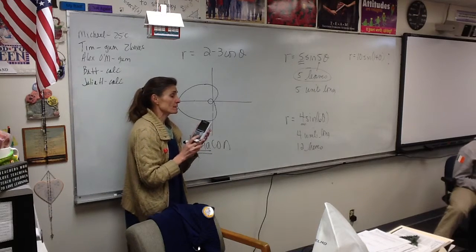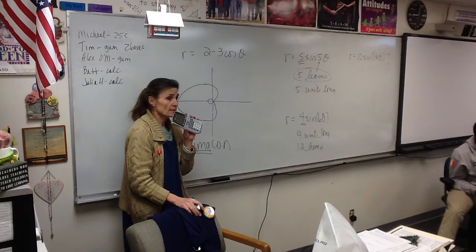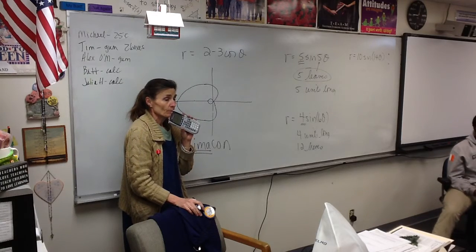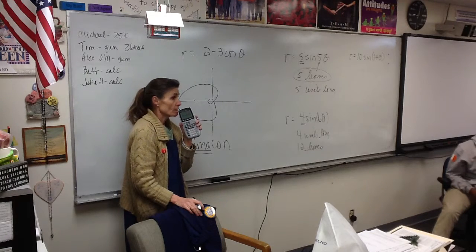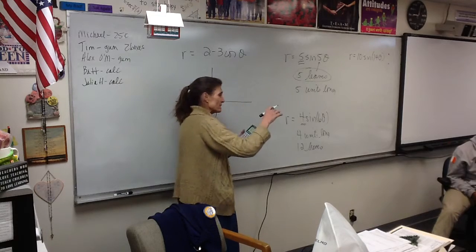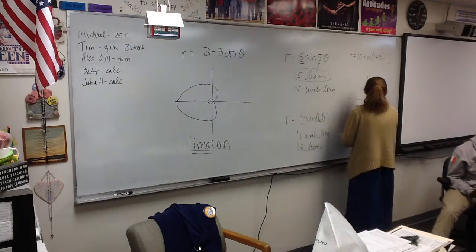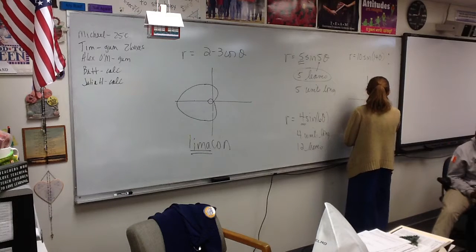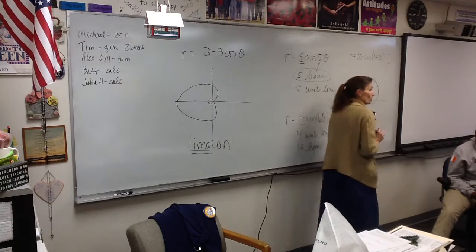What's different about the picture that I have on my screen now than the one that I had up here? The little loop is gone. It's also situated differently, but this one has the indentation, and it doesn't have that little loop in there.